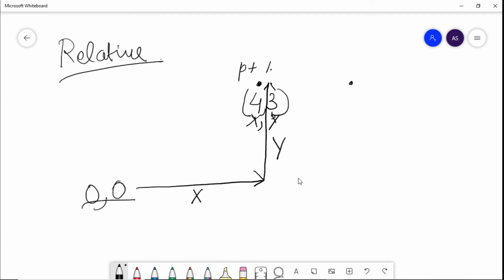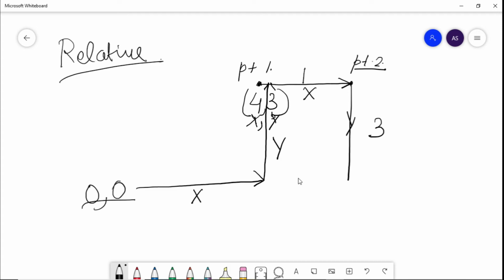I have reached point 1. To reach point 2, I will have to move in this direction, but you can see there is no change in the value of y. Y is still at 3 and there is a change in the value of x. So I have moved 1 unit in the direction of x and I have reached the point 2. It means now we have to count from relative.